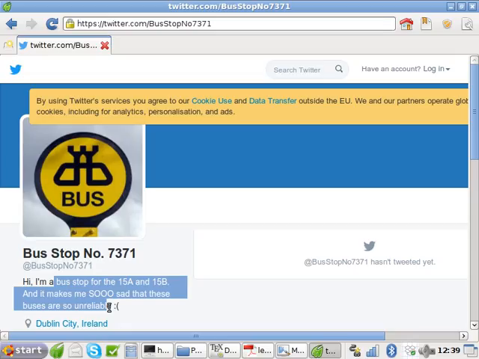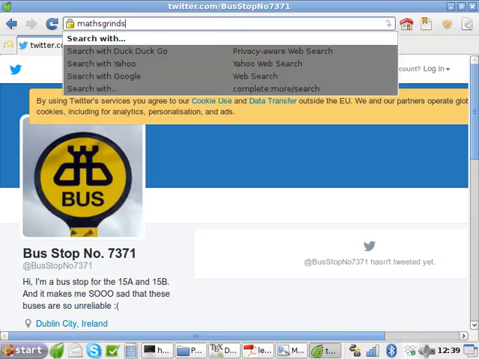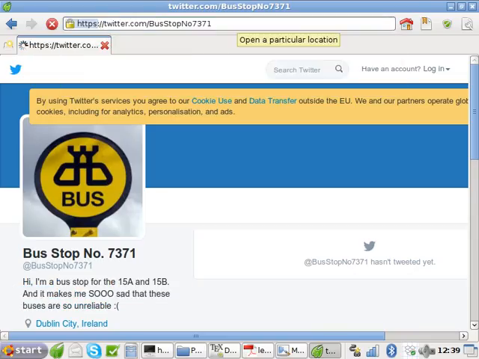Is it hard to make stuff like that? It's a bit tricky at first, but what the program does is it goes to Dublin Bus, gets the bus times, and then it goes to Twitter and tweets the times automatically. Well, it was working last night, and then it stopped working. I don't know if my server's down. I have a little web server for my website at home.